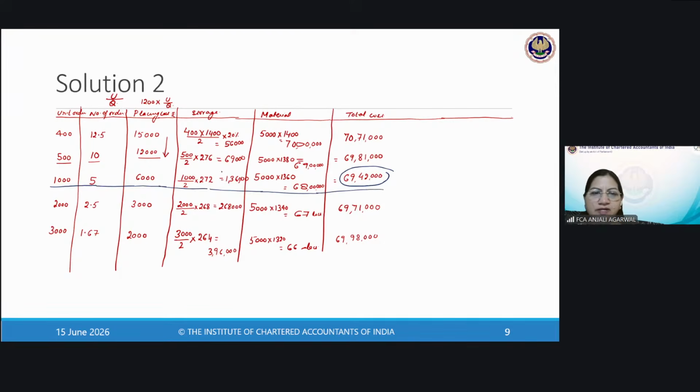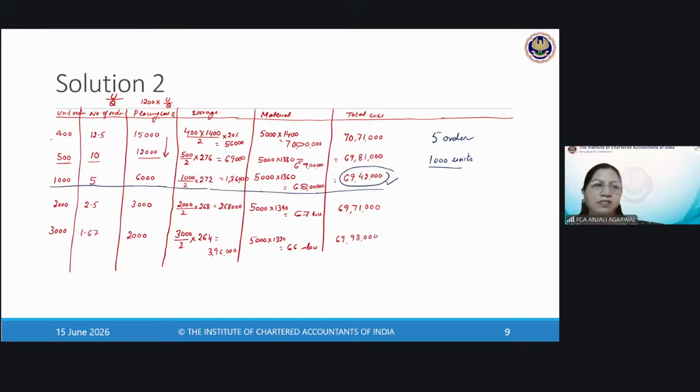Because of material discounts, you don't see the storage and placing exactly same, like in EOQ. But here, this comes out to be the least cost. So we are going to place 5 orders and we are going to order 1,000 units every time. So the EOQ is now 1,000 units. Our total cost together with the material cost will be 69,42,000.